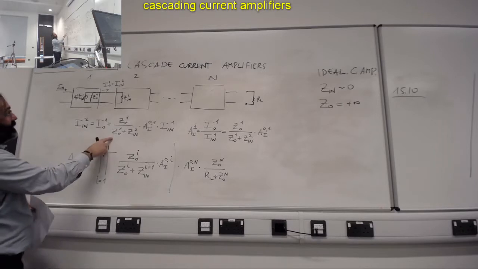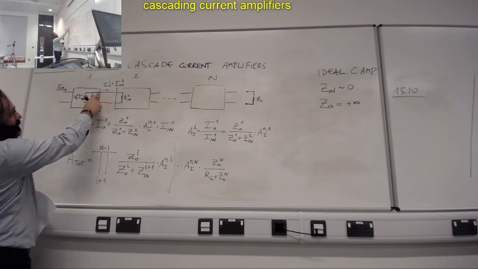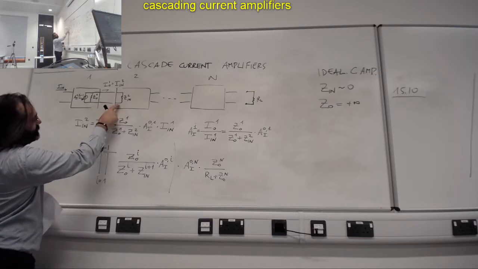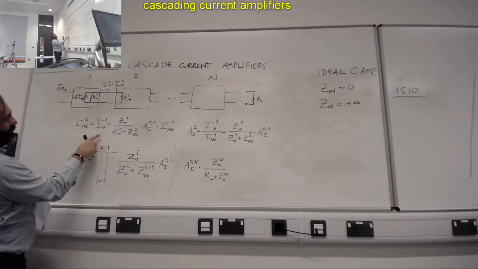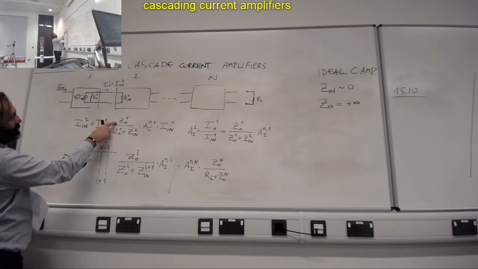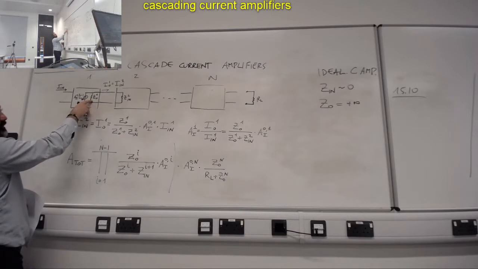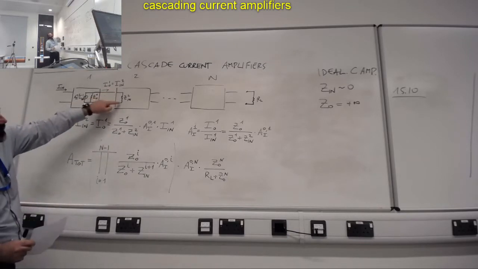And here, as you can see, I'm calculating the current at this point. The current that basically goes to the input of the second stage is calculated in this way. You see, this is the current divider. So it's the impedance of this branch divided by the sum of these two branches. This is to calculate the current in here.